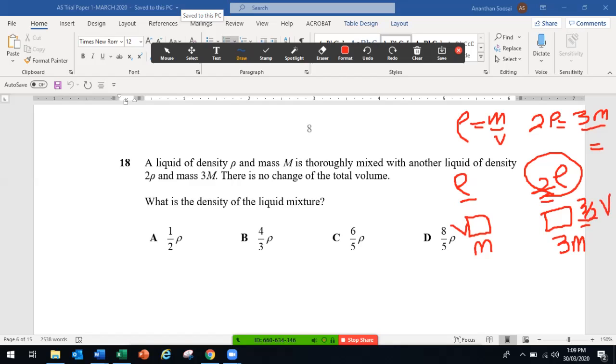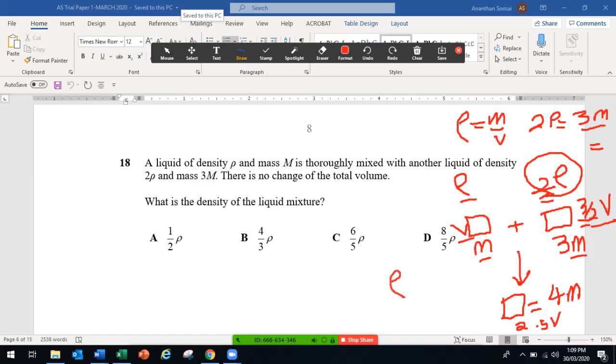The material with rho has mass m and volume V. The material with 2 rho has mass 3m and volume 3 over 2V. These two added give the new substance, and they are asking for the new density. The mass is m plus 3m, which is 4m. The volume is V plus 3 over 2V, which is 2.5V.